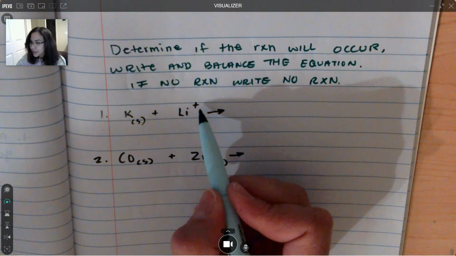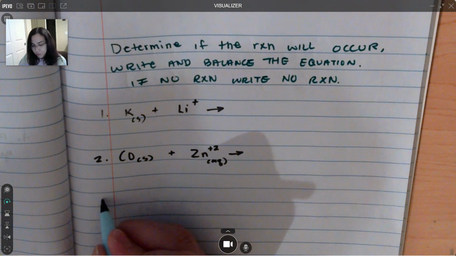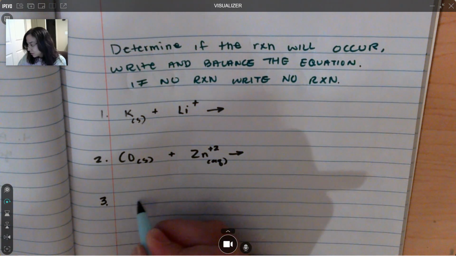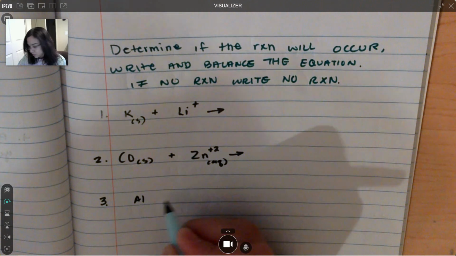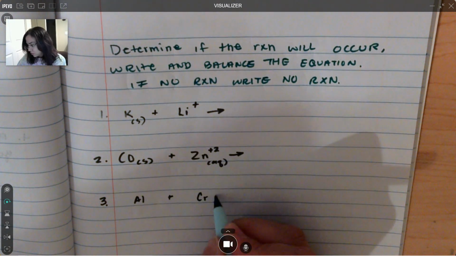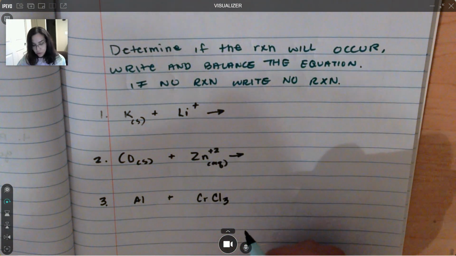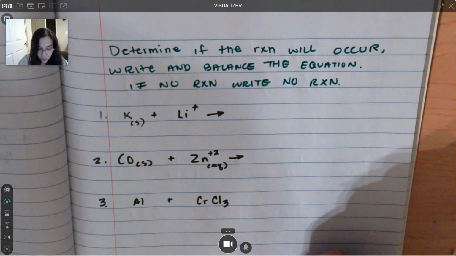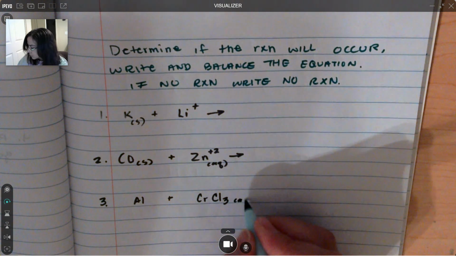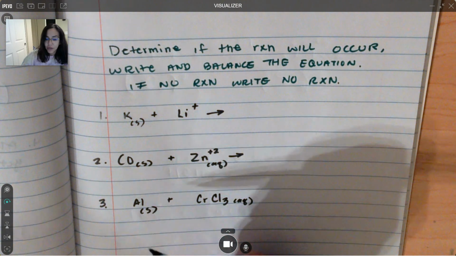And anytime we see anything with, actually, we'll go through that in a little bit. And we'll do one more here. Aluminum plus chromium chloride. Yes. Solid. All right, so all of our metals are going to be solids.